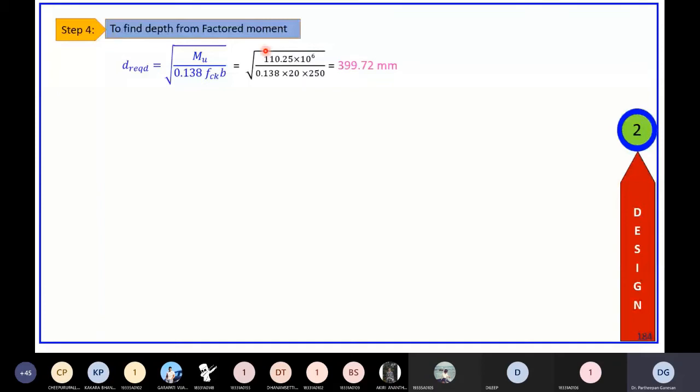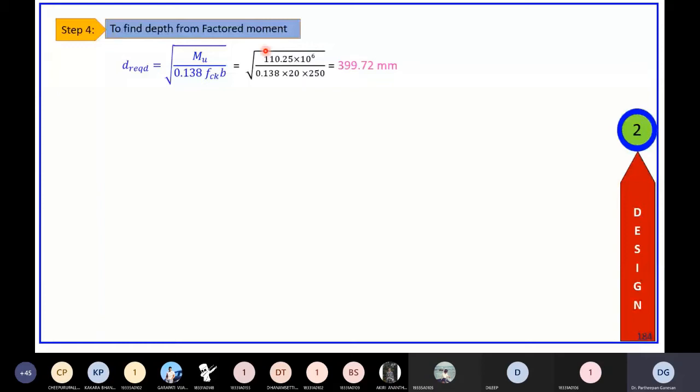And you cannot determine MU without the value of self weight. Is that clear? So yesterday's problem, because moment was given along with the self weight, you were able to directly use this formula. In today's problem, your depth is not given, so self weight cannot be calculated. That is why we have used the span to depth ratio.